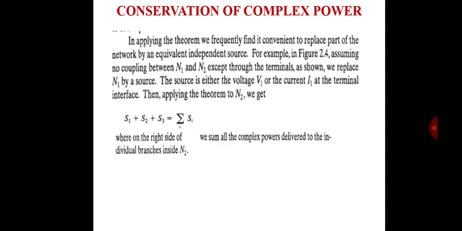In applying the theorem, we frequently find it convenient to replace part of the network by an equivalent independent source. For example, assuming no coupling between N1 and N2 in the figure except through the terminals as shown, we replace N1 by a source, either the voltage V1 or the current I1 at the terminal interface.